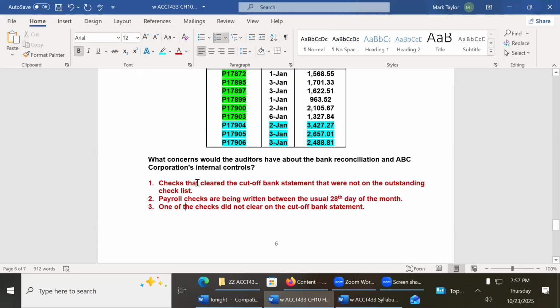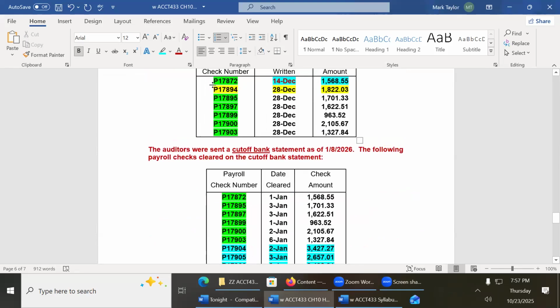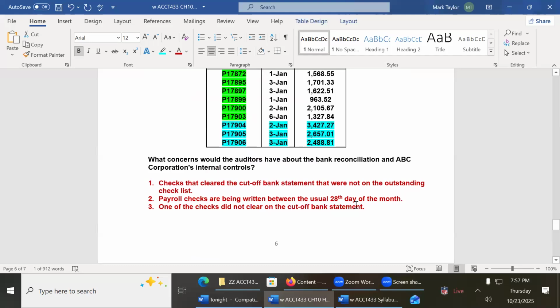So one of the checks didn't clear. This one. And you may see why. I would say it's probably not unusual, but it's something you want to look into. You don't know what it is until you look into it. Could be something serious.